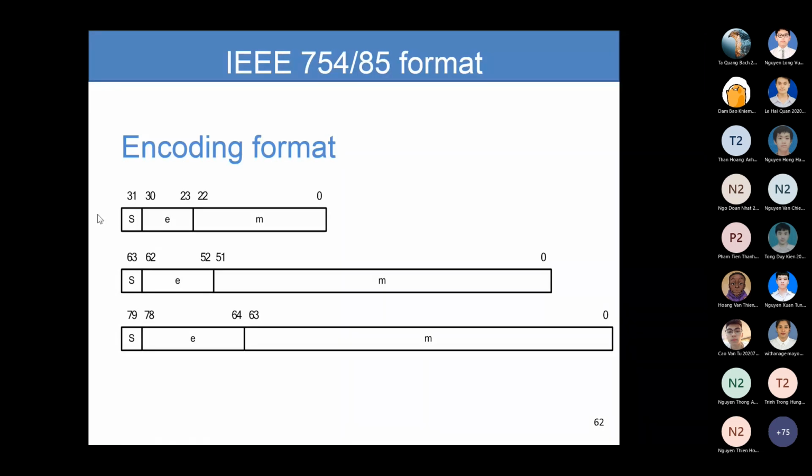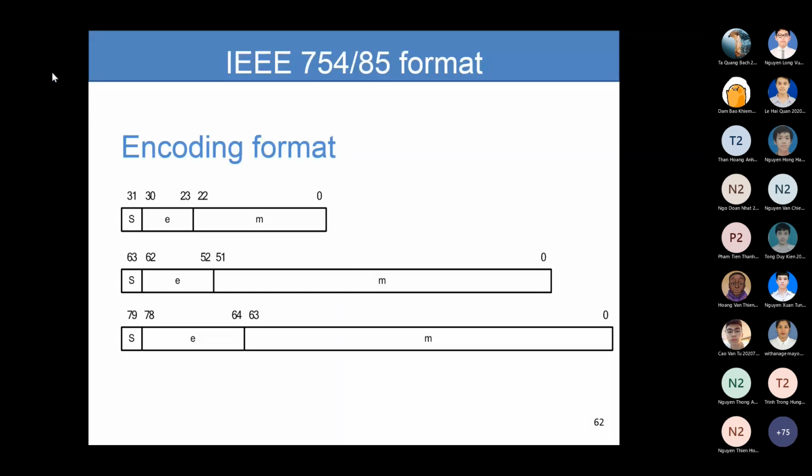In all of these standards, the first bit is always used to represent the sign of the real number. If S equals 1, this is a negative number, and if S equals 0, this is positive.